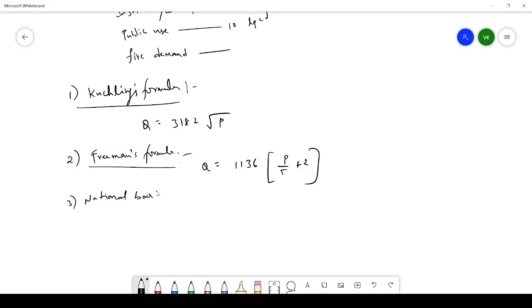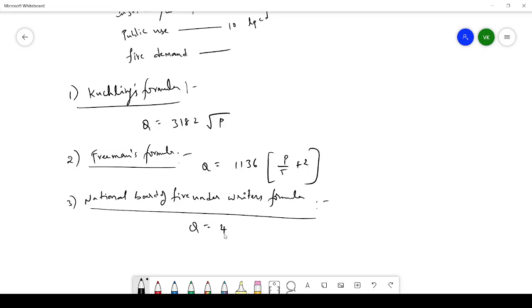And the third formula is the National Board of Fire Underwriters formula, and it is given by Q is equal to 4637 root P into (1 minus 0.01 root P).